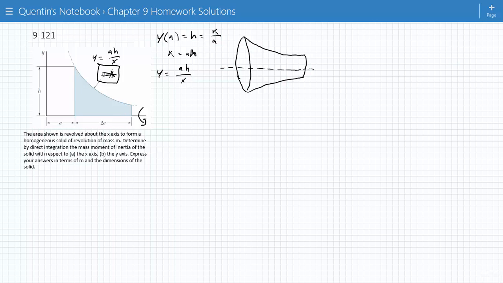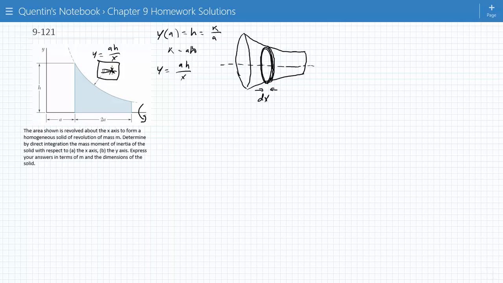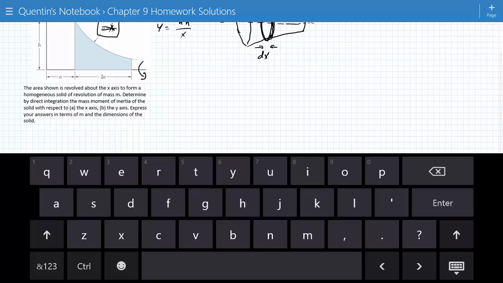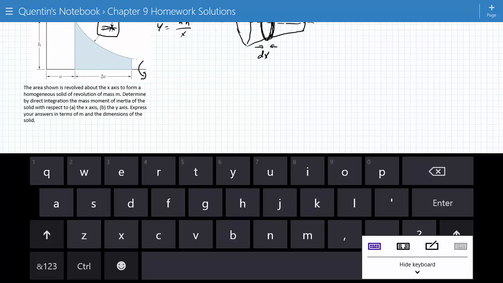We need to come up with a differential element to look at, and in this case, let's look at a little differential disk. We have this disk with some tiny thickness, and that thickness is dx. We want to find the mass of this differential element, dm.